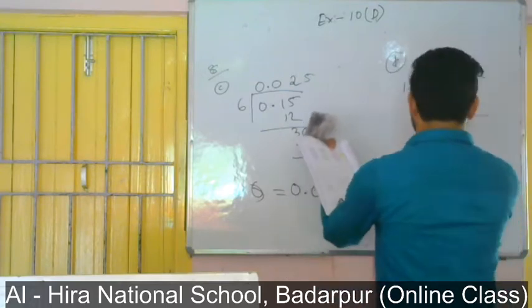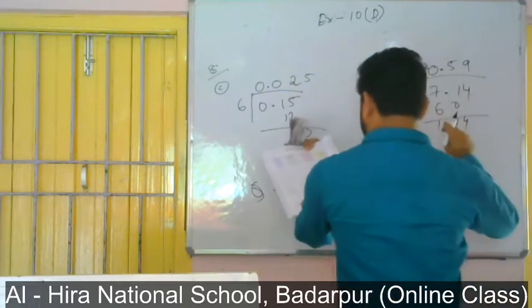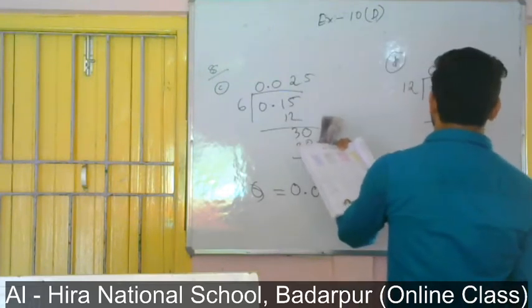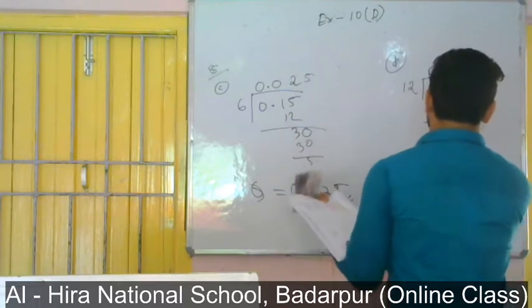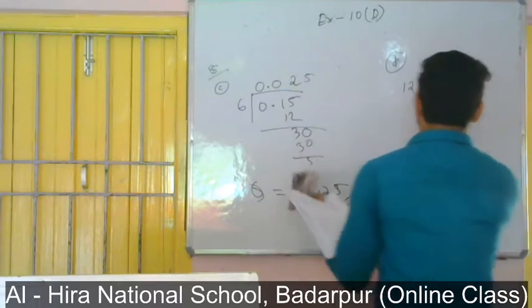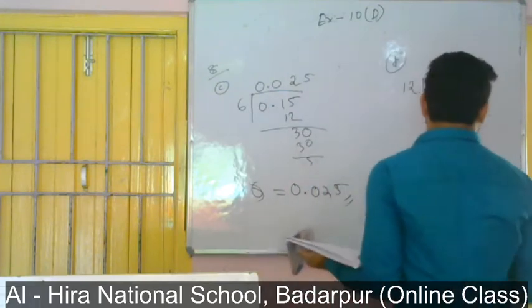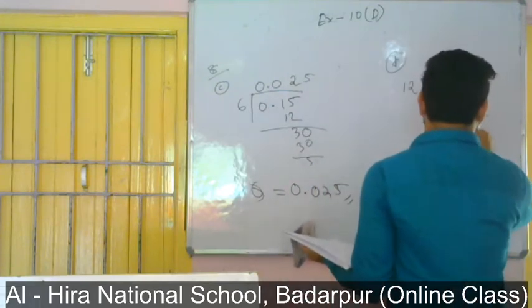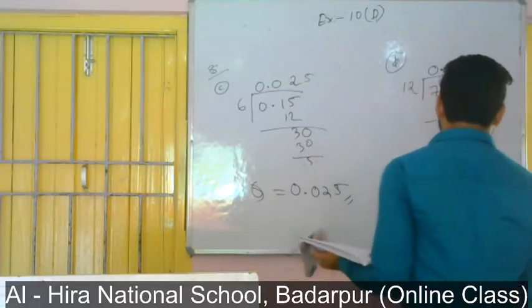Seven point 7.14. Okay, we are getting 7.1412. Yes, the question is correct. Okay, now you see here, 14 minus 8, 6.